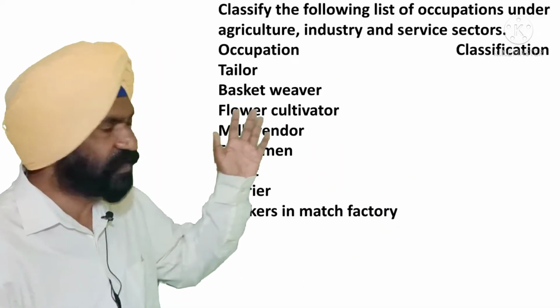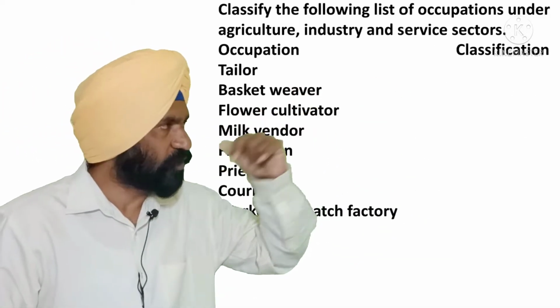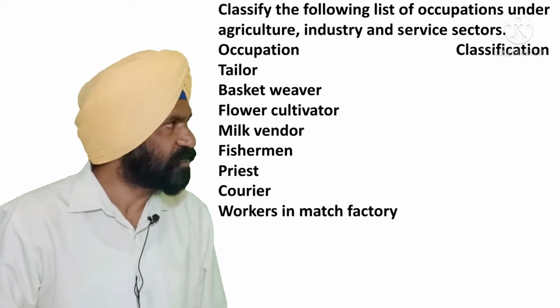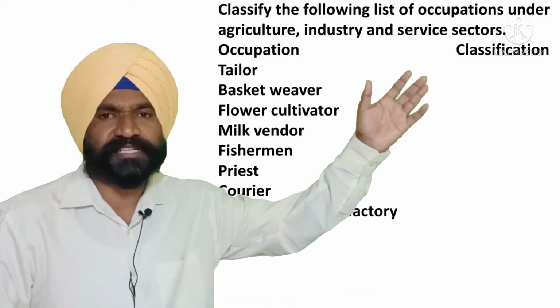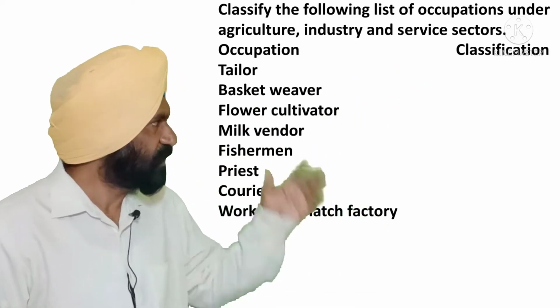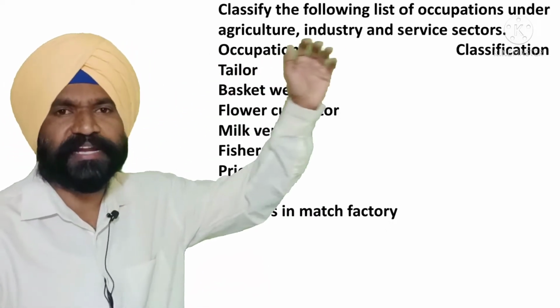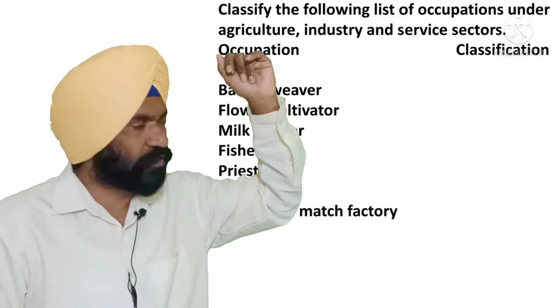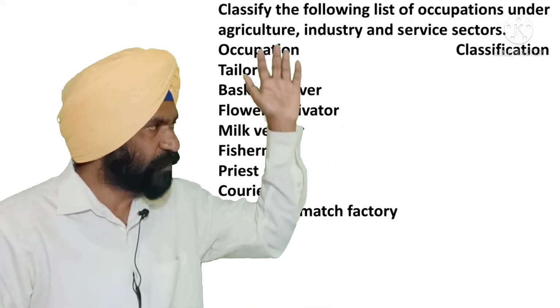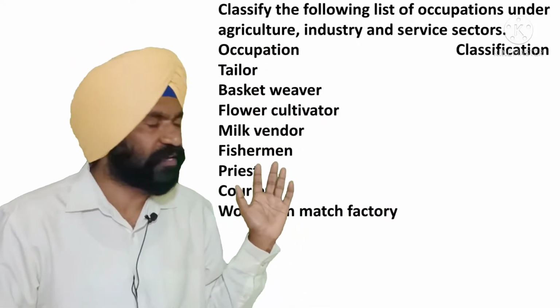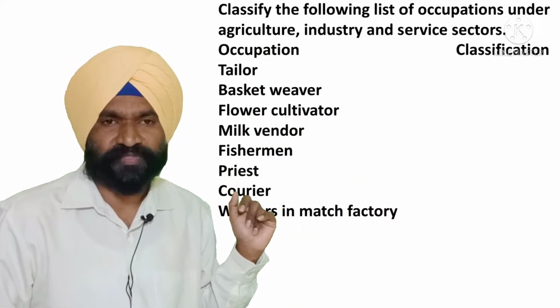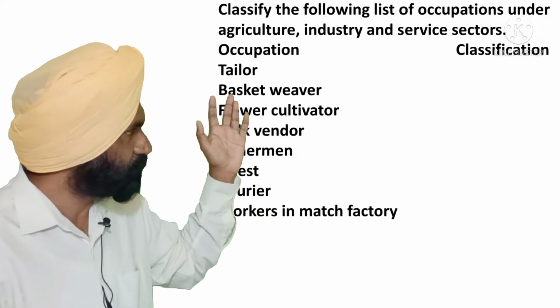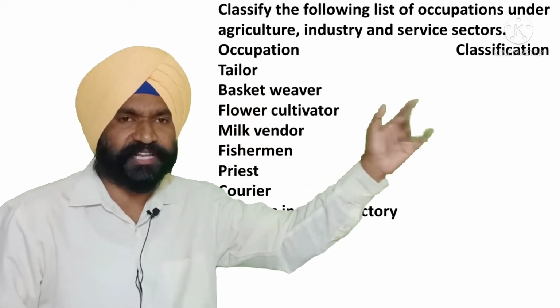Classify the following list of occupations under the agriculture, industry and service sector. You see the category here, occupation and the classification. You have to answer these. People are indulging in various activities. For example, the tailor, what activity is he indulging in?